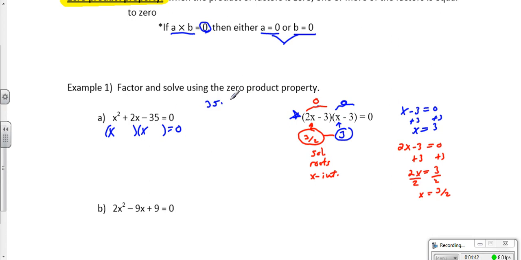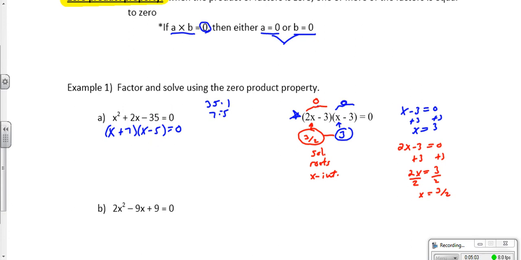It's a negative 35 there, so one of these is negative. 7 times 5, well, there's two things that have a difference of 2, and if I make this a negative 5, I get negative 35 when I multiply, and they have a sum of positive 2. So I'm going to say x plus 7 and x minus 5.